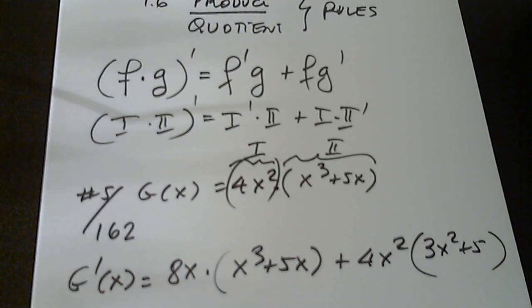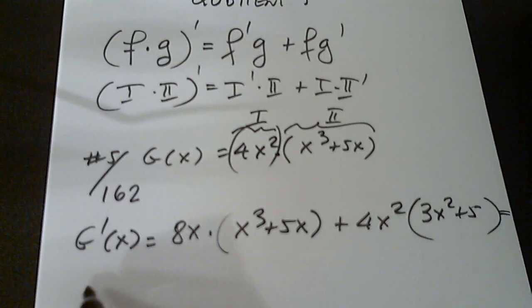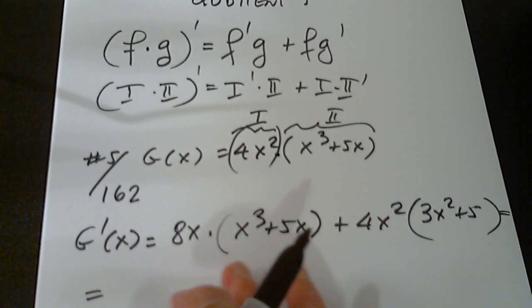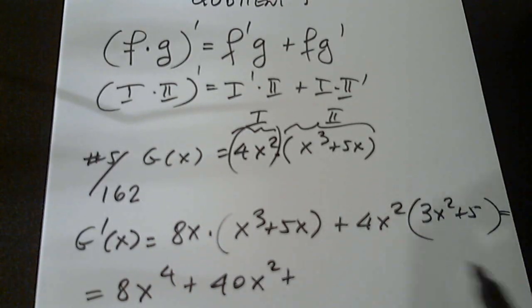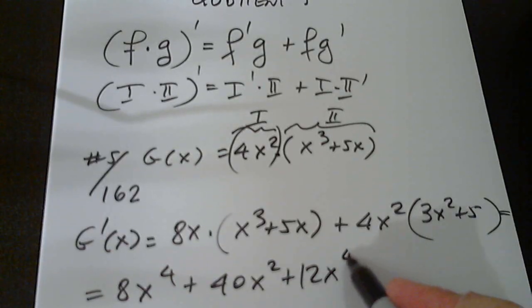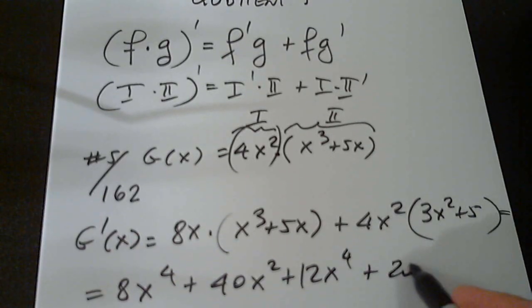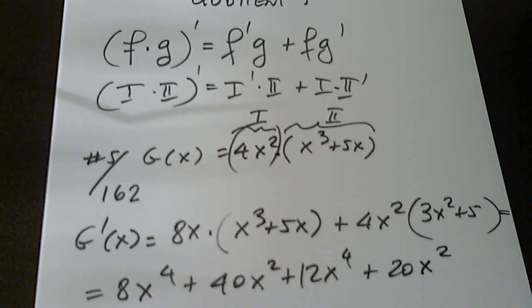And now you're going to say to distribute. Yes, I'm going to say distribute. So why didn't you distribute from the beginning? Again, we wanted to illustrate the product rule. So I will continue. 8x times x to the third is 8x to the fourth plus 40x squared plus 12x to the fourth plus 20x squared.